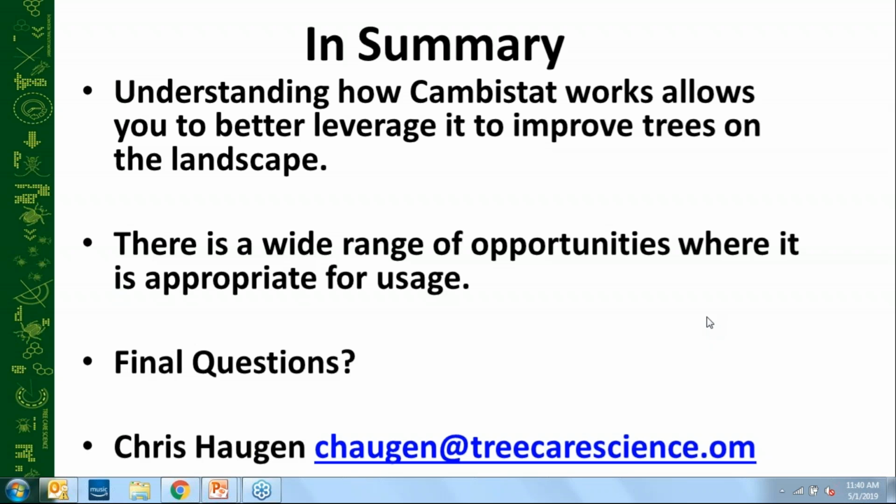So make sure you create a nice moat around the tree if you're doing a soil drench, or a soil injection if you're using our HTI soil injector. Ensure that you have it below, or remove the landscape plastic or fabric, which is the big issue. And then certainly if you have a large rain event after an application where the physical soil moves off the property, that's where we typically see it.